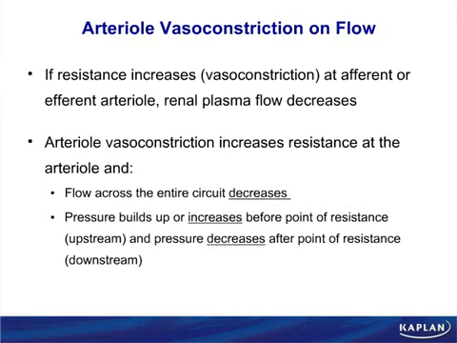We are now going to apply this concept to the kidneys. The kidneys are unique because you have two resistors in a series circuit. You have the afferent arterioles, and then you have the efferent arterioles. If you vasoconstrict either the afferent arterioles or the efferent arterioles, you are increasing resistance in a series circuit.